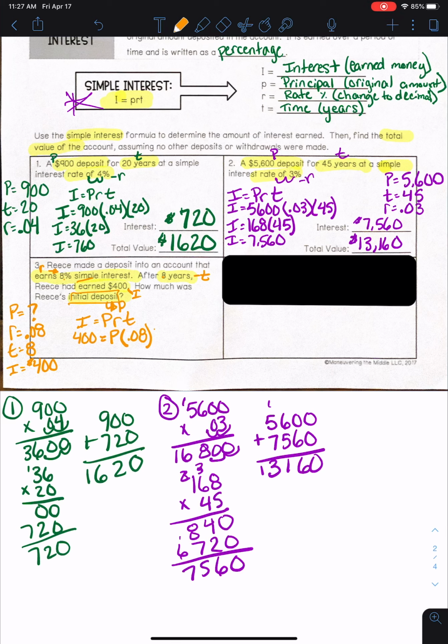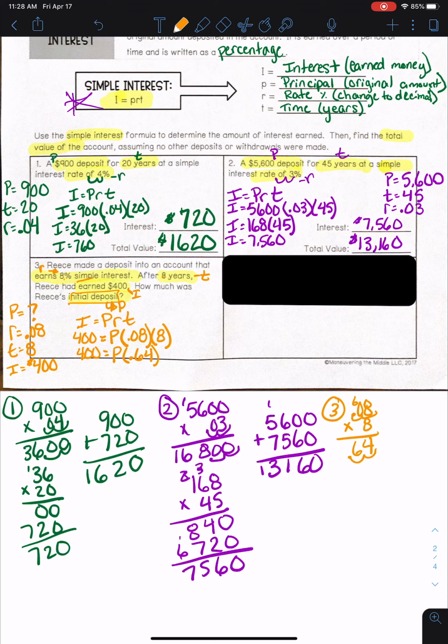And I know my time is 8. Now I'm going to solve it like an equation. So I'm going to first multiply 0.08 times 8. I'm going to get 64. But I need to move my decimal twice. So I get 0.64. 400 equals P times 0.64.